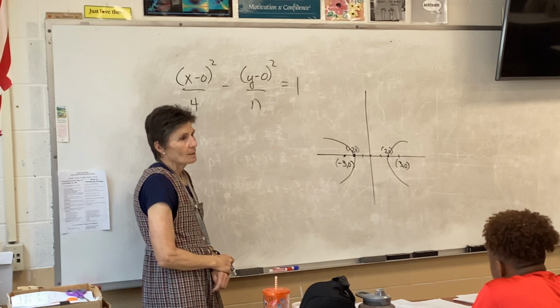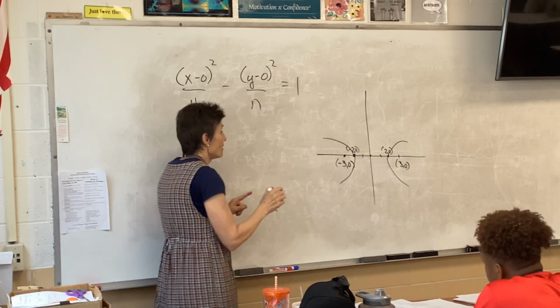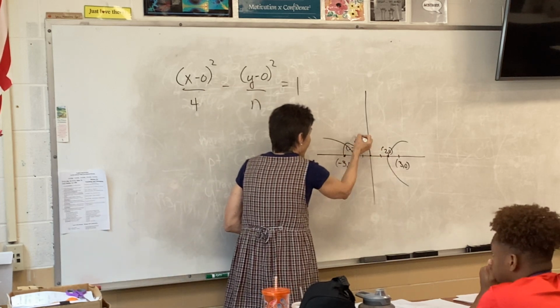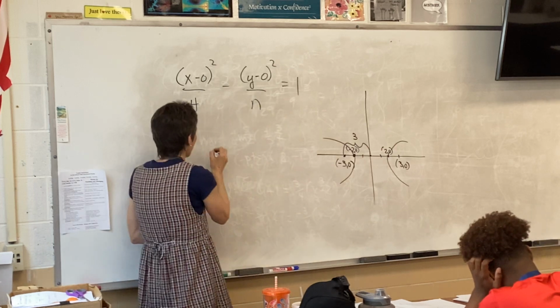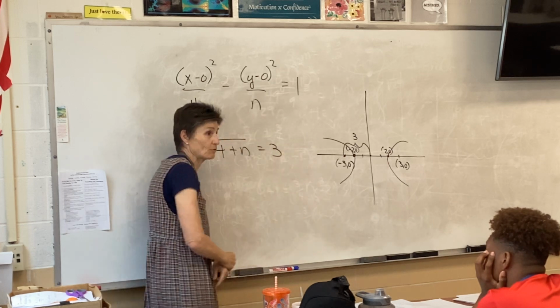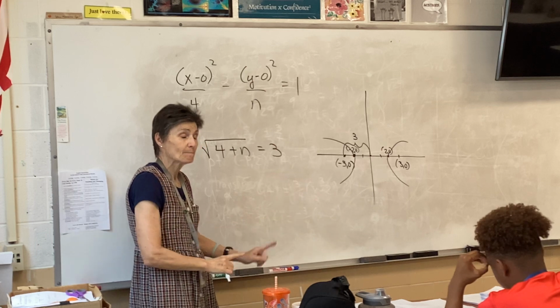Use the foci equation. So put it in my distance equation backwards. This distance right here, center to focus, I know is 3. So if I add my denominators and take the square root, I have to get 3. Does that make sense to you? Problem solved backwards.